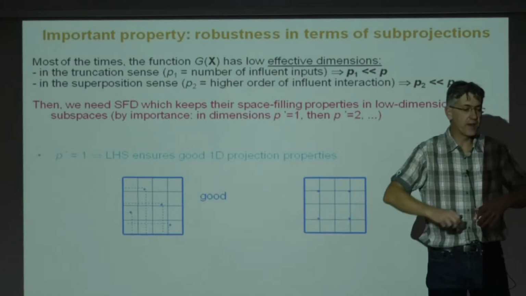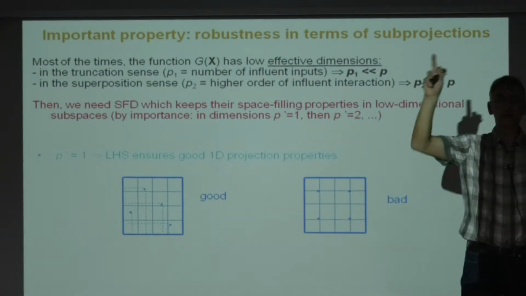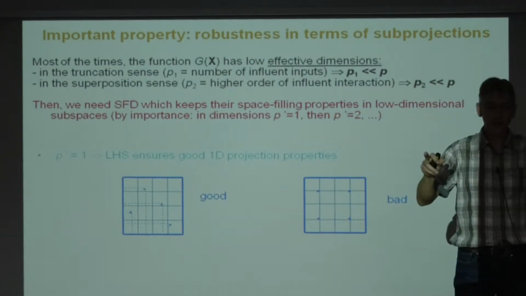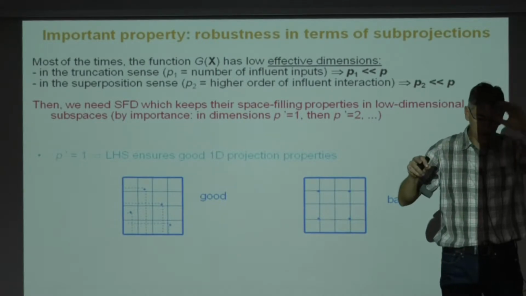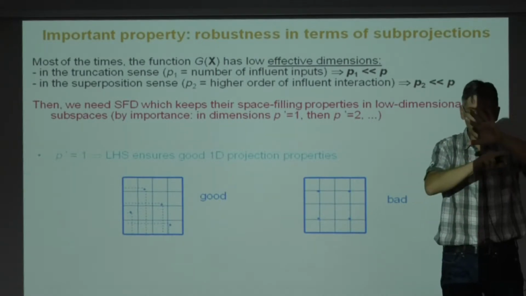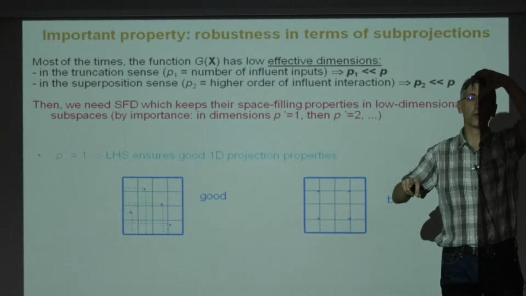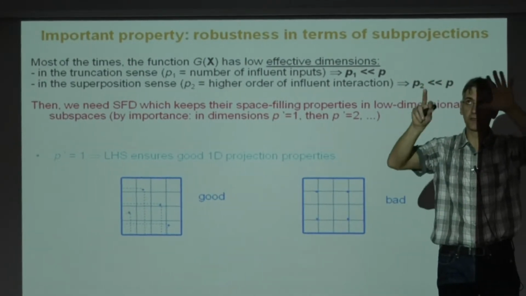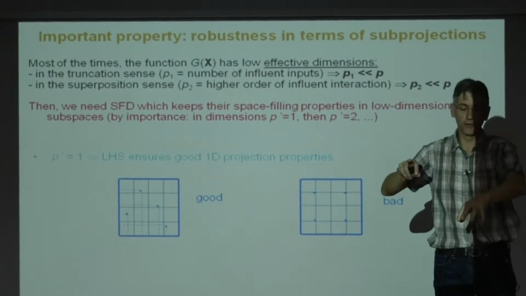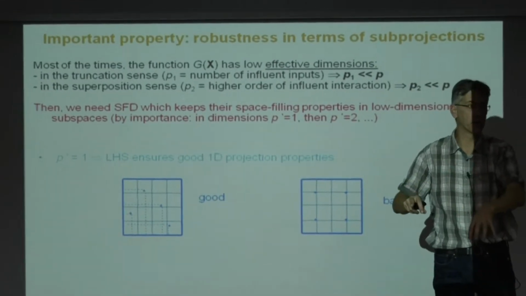Because I can have a very good space-filling design in dimension P, but if my system G depends only on one variable, I have to verify that the good properties in dimension P are also respected in dimension 1.